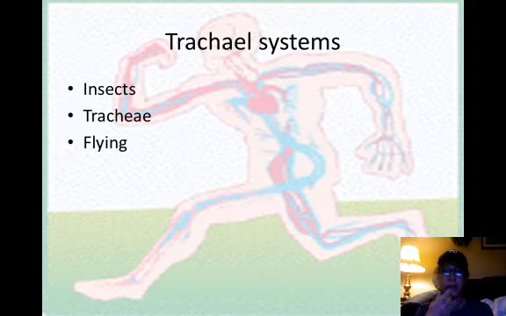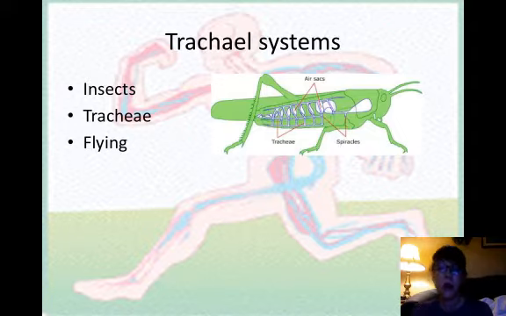Tracheal systems are found in insects and are also considered an open respiratory system. As you can see from the diagram, the tracheal system is made of air tubes branching through the body. The trachea are the largest tubes that open to the outside of the body. The smallest tubes extend to almost every cell.